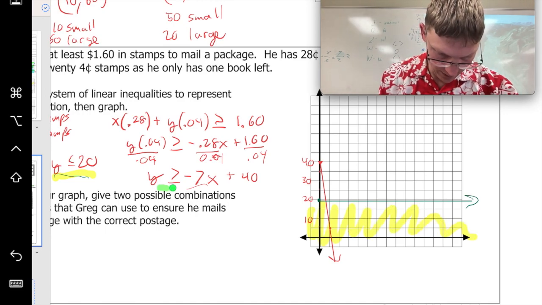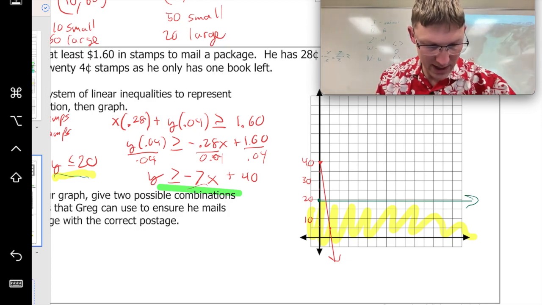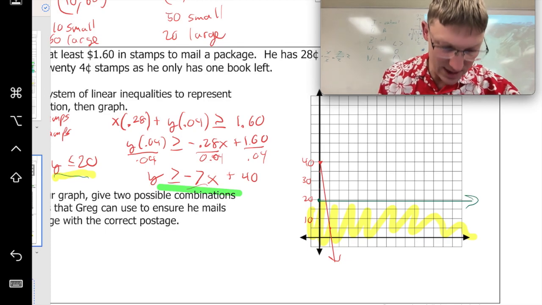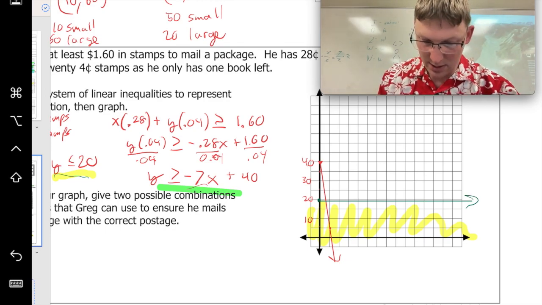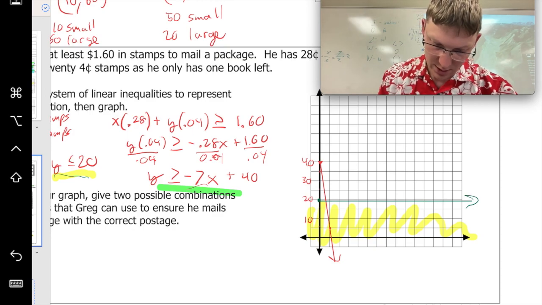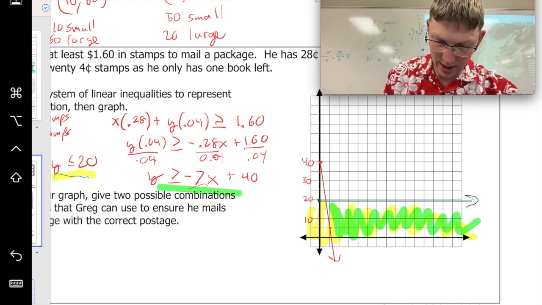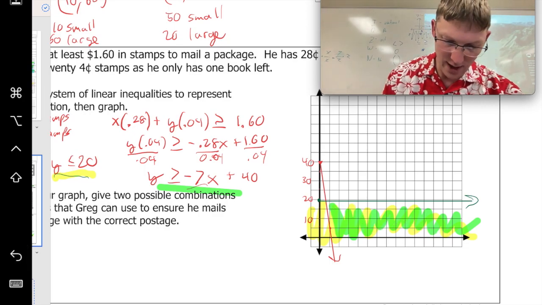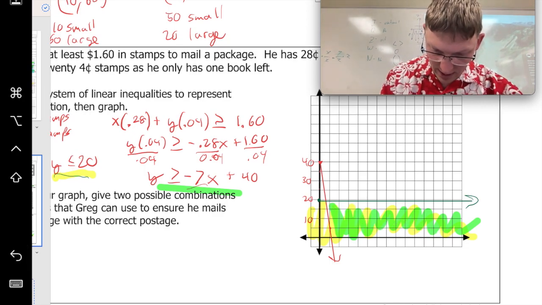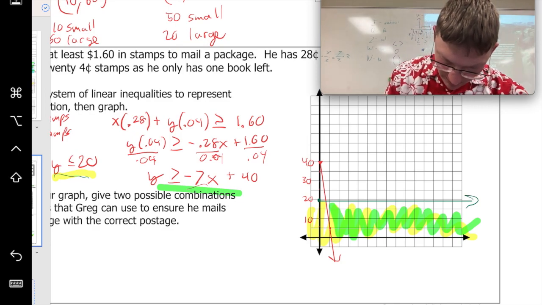And then from this equation, throw in 0, 0, 0 is greater than or equal to 40. 0 is not greater than or equal to 40. So we're going to shade this side of the red line. So again, you can pick any point in there and it would be a valid solution. So I'm going to pick an easy one for me to write out.